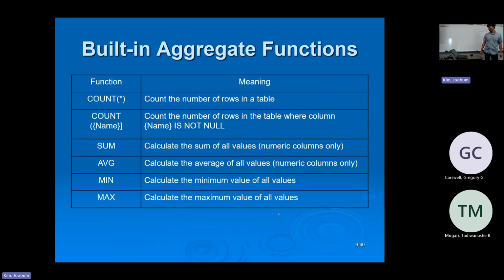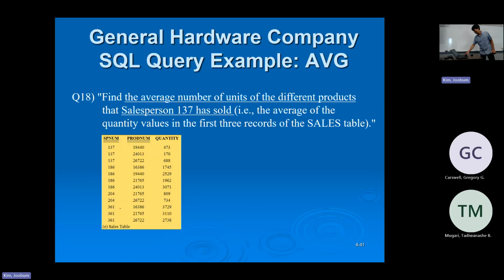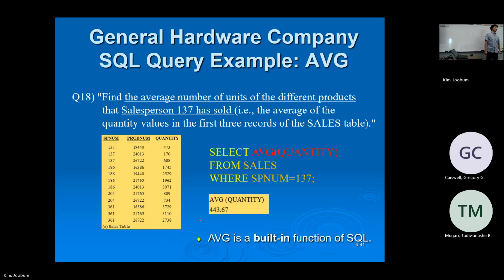And next one is the functions. Simply, we are able to use aggregate functions: count, sum, average, minimum, maximum. Take a look at a simple example. Find the average number of units of the different products salesperson 137 has sold. In this case, we can use the average function.